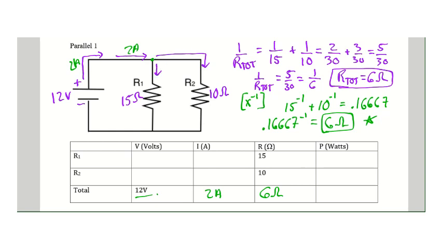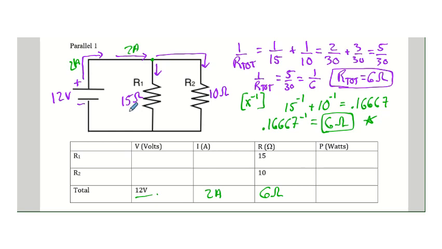So if we go back to our rules at the top of the page here, let's glance up. In a parallel circuit, voltage is actually constant. So what that means is whether or not the current goes through R1 or R2, all 12 volts are going to be used getting through that resistor.